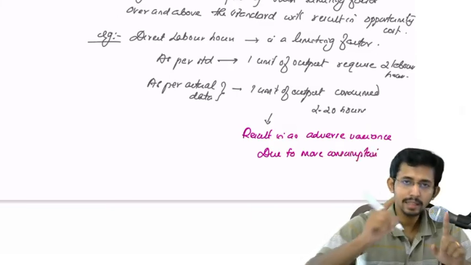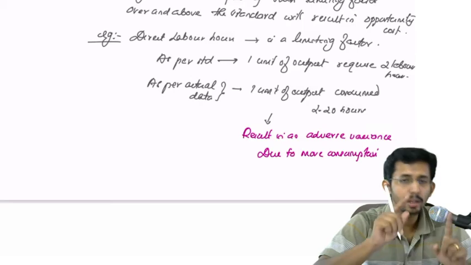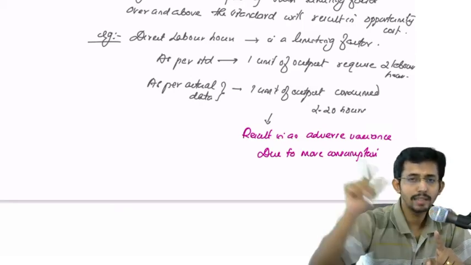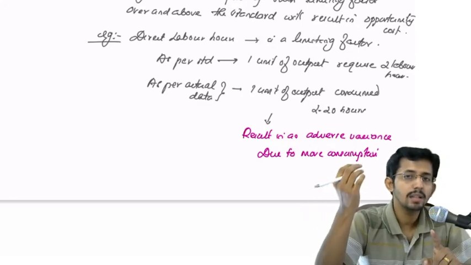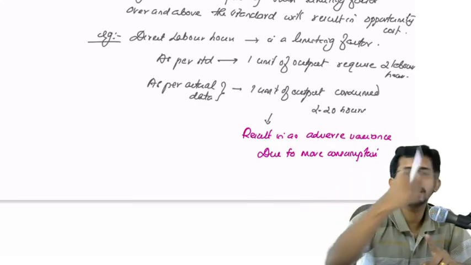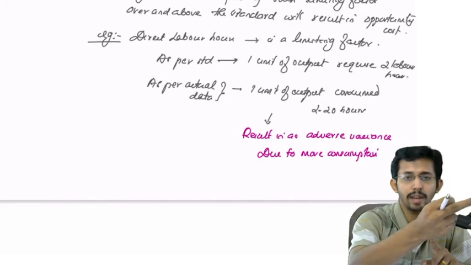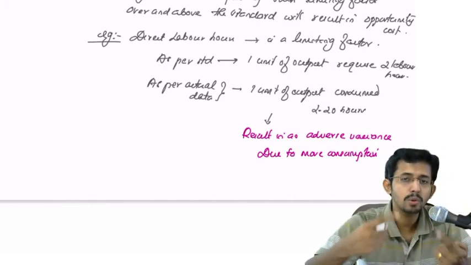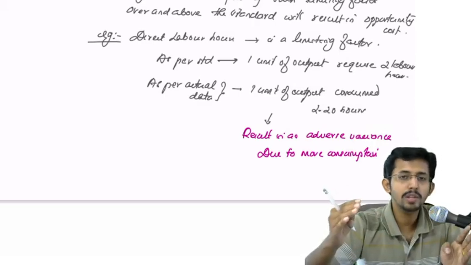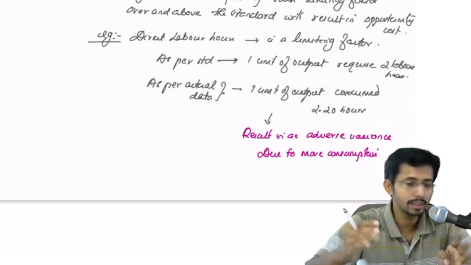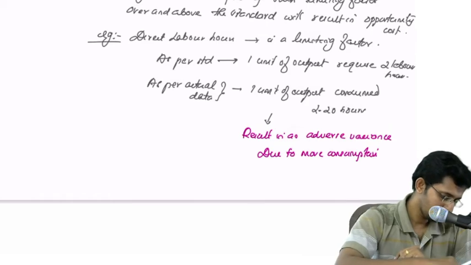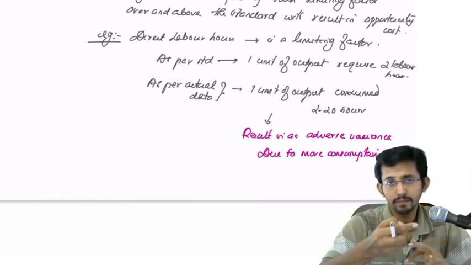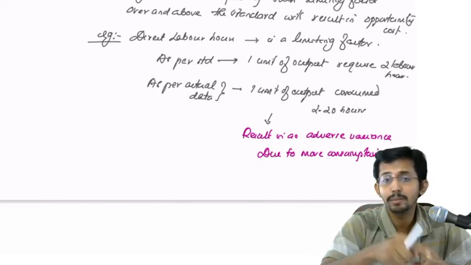On the other hand, along with that, when there is excess consumption, there is some sales lost because you have consumed this limiting factor in excess. Suppose you have produced 5000 units, 5000 into 0.2 will come to 1000 hours you have consumed in excess, and this labor hours is a scarce resource or limiting factor.